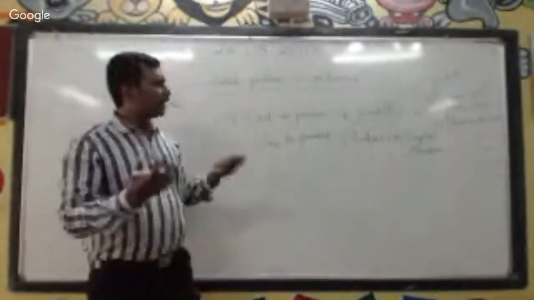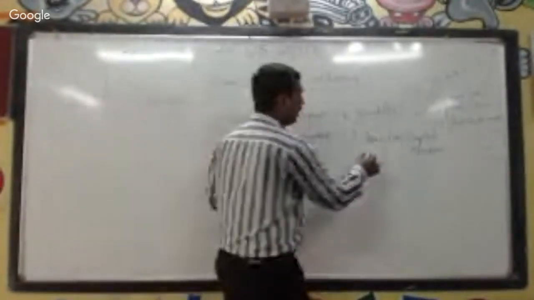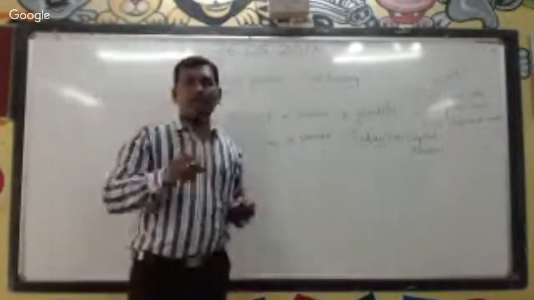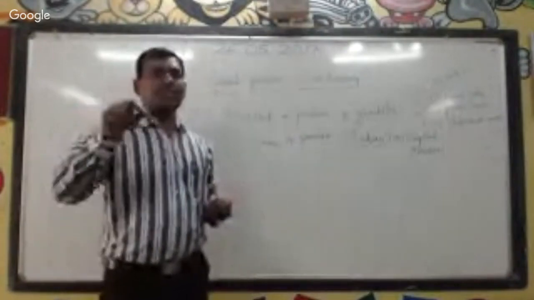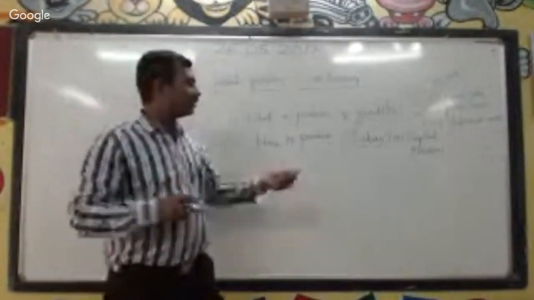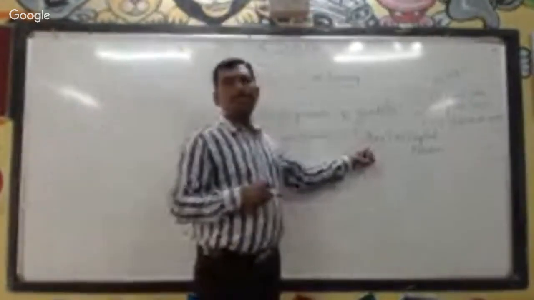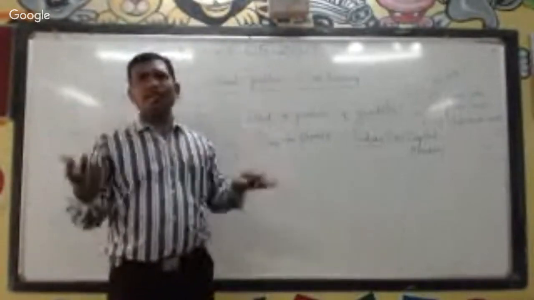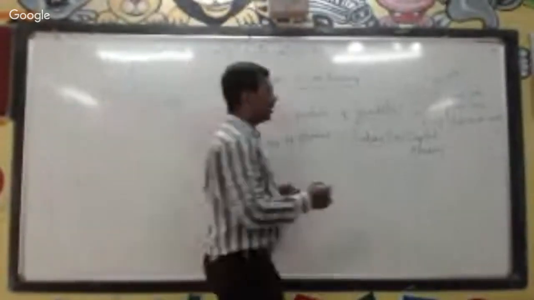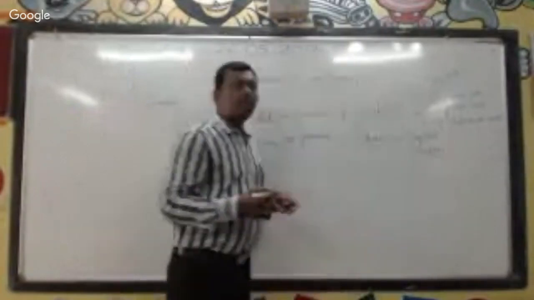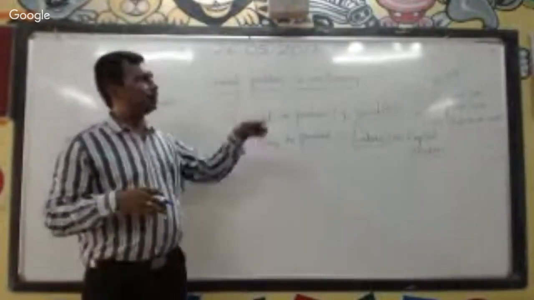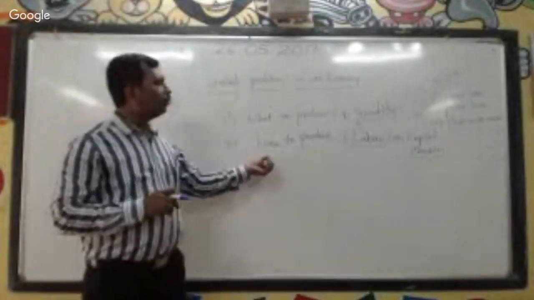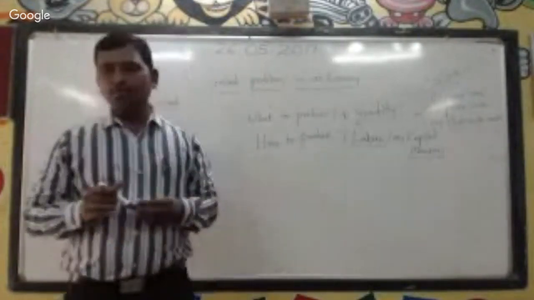For example, if in your country you have more labor, and using this labor the cost of the cloth is less, then it is better to go for labor intensive. Or if you don't have skilled labor, then you can use machinery to manufacture the cloth. That is called how to produce a particular product.